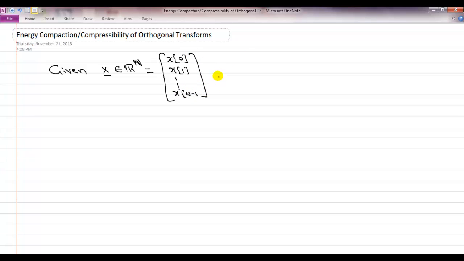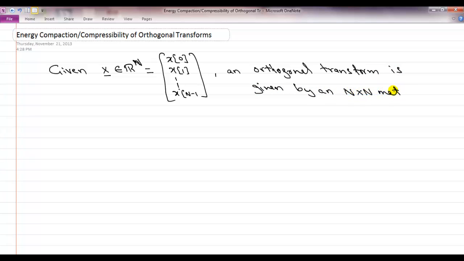An orthogonal transform is characterized by an N by N matrix which we typically write as U, okay?